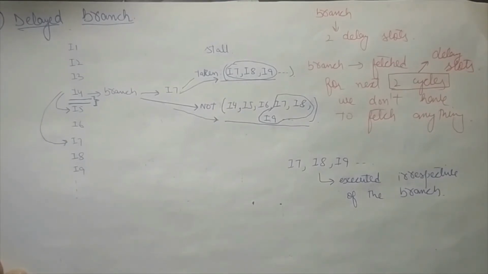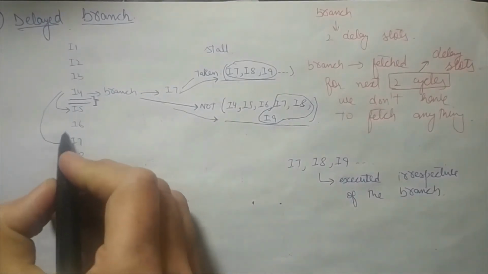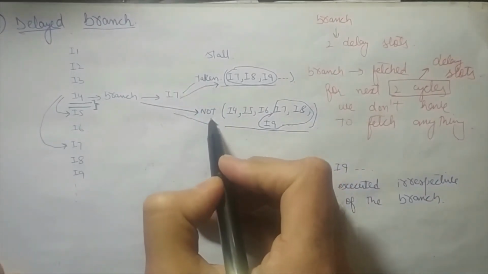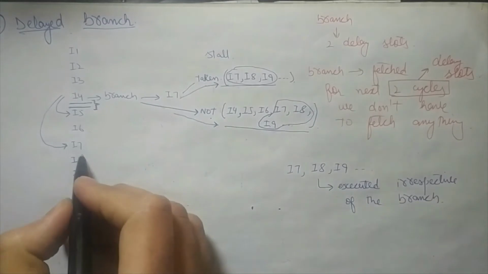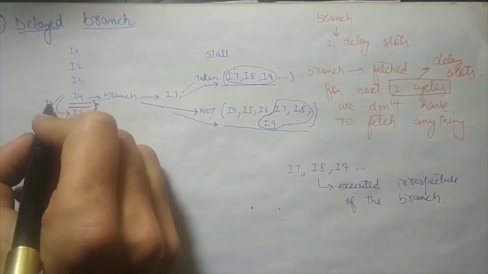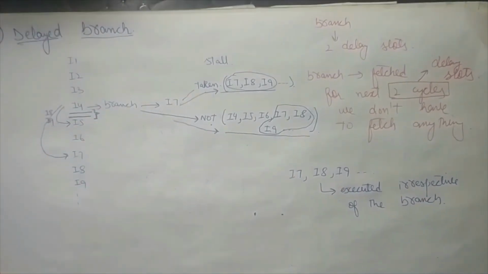They should not result in some other dependency. So we have to take some instructions from the set which is common between the taken and not taken paths. Let's say we will keep I8 and I9 here. Then let's see what the final output will be.